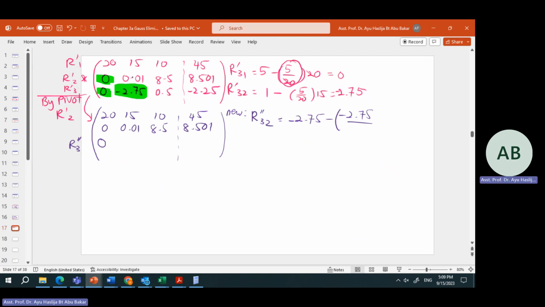This one is 0.01. Okay, then multiply by 0.001. That's how you get the zero.